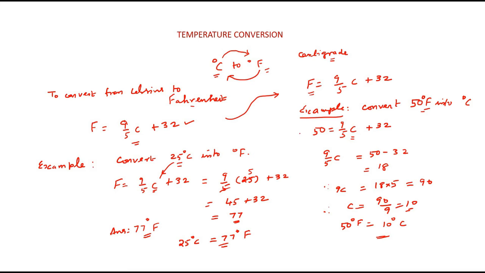So we are using the same formula. Suppose you do not want to use the same formula. I want a special separate formula for conversion from Fahrenheit to Celsius. You can derive that formula from this. Very simple, I just tell you how to derive that formula.